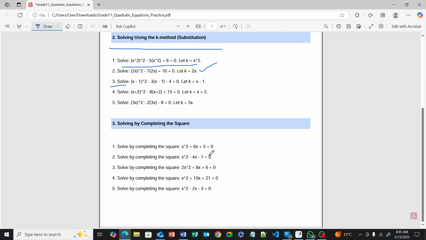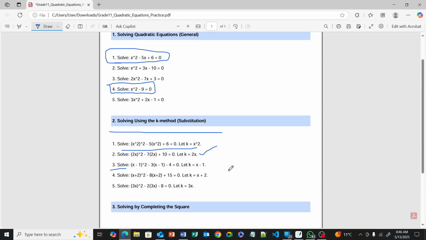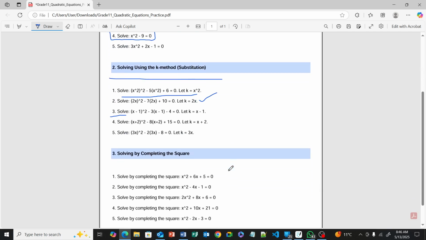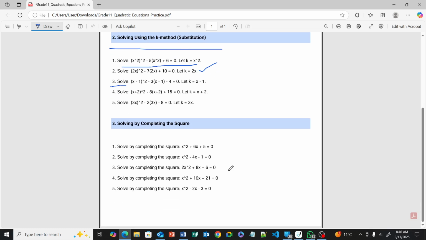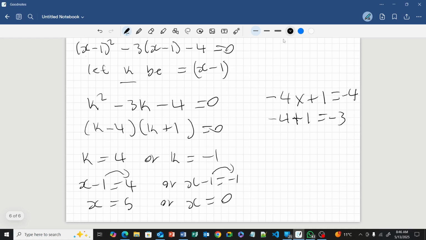When we say completing a square, let's say we have x squared plus 6x plus 5. Take note, guys, we are trying, not always, but we are trying to make sure that you have similar questions. So x squared plus 6x plus 5.